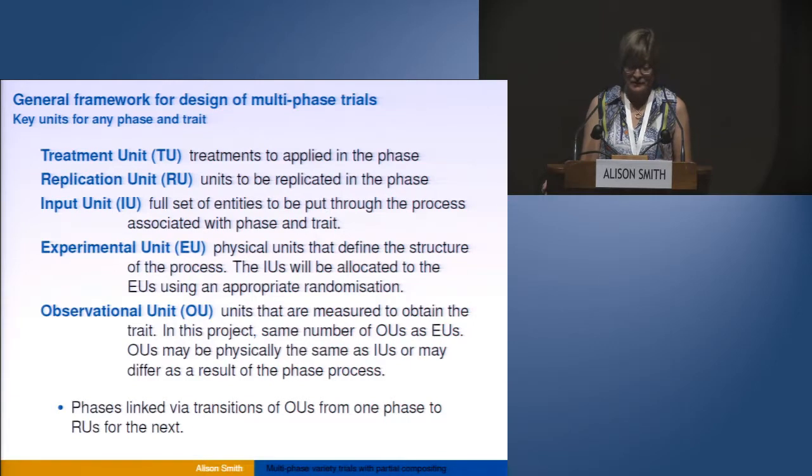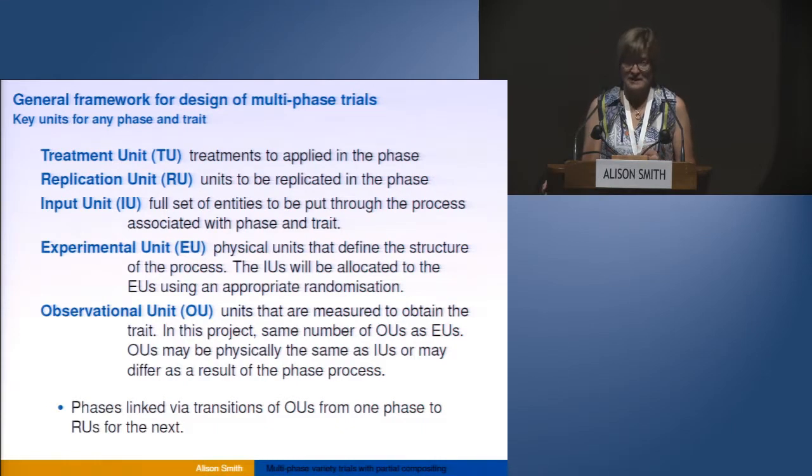So I'm going to talk about treatment units, treatments being the actual treatments that are applied in the phase. Replication units are the units that are going to be replicated in that phase. The input units are the actual entities that are to be put through whatever process is associated with that phase and that particular trait.